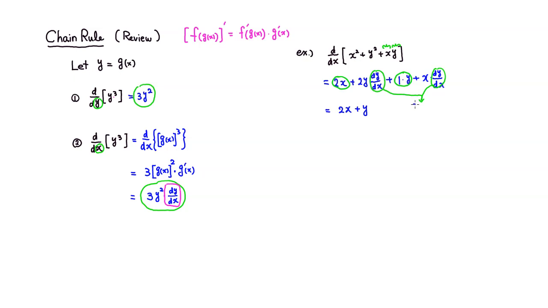You're going to have a dy over dx, then we collect the leftover factor: 2y from the first and plus x from the second. So that takes care of everyone involved. That is the derivative that we're looking for. That's it. I hope that this was clear.